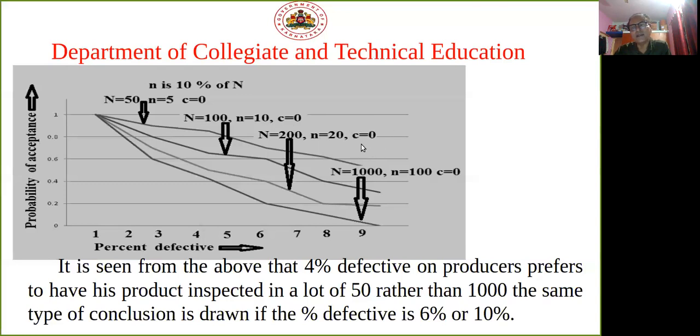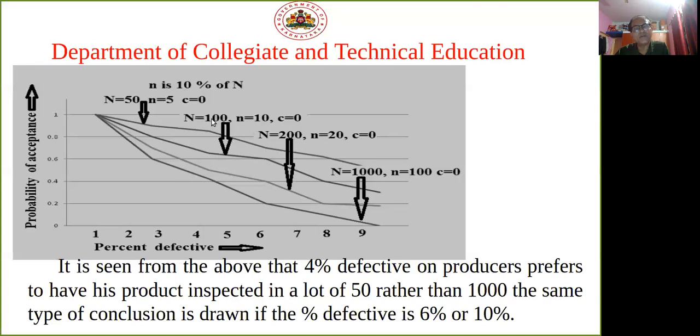It means the consumer will agree to accept the lot if there are zero defectives. That is the curve that has been drawn for the second curve, where the lot size is 200.